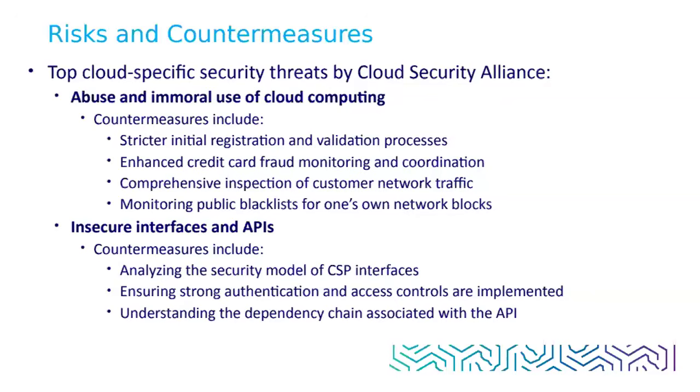Here it recommends various countermeasures to reduce the misuse of cloud services through very strict customer registration and validation, credit card fraud monitoring, network traffic inspection, and monitoring the public blacklist. To protect the cloud APIs, on the other hand, the organizations should also analyze the security model of the cloud provider's interface.